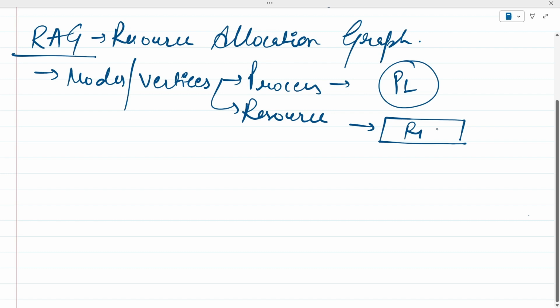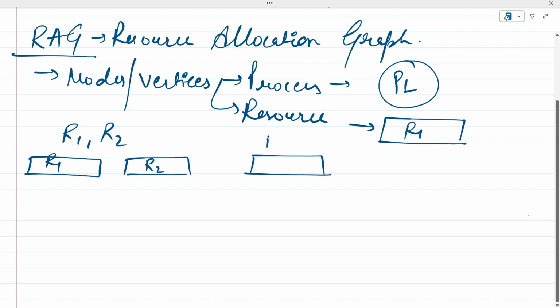What happens if there is more than one instance of a resource? If I say there are two resources, R1 and R2, this is R1 and this is R2. But when I talk about resource instances, it means that R1 consists of three instances.